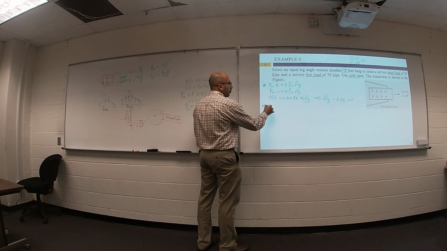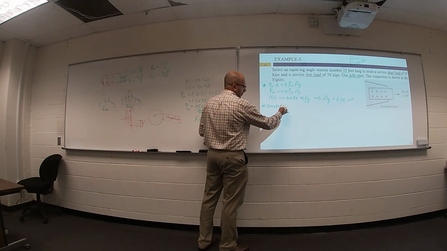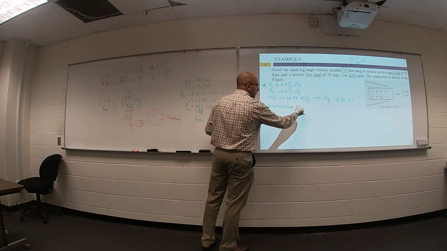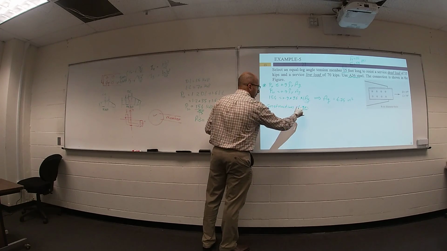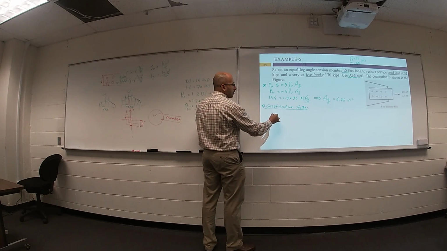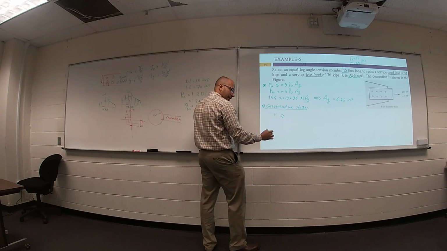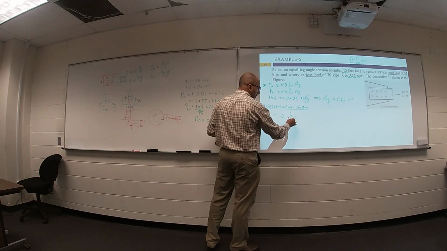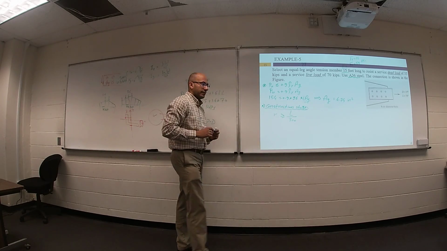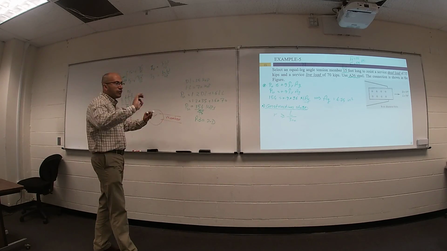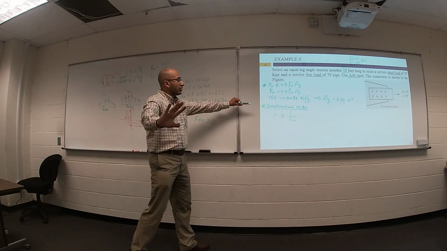Also, for the construction stage, your radius of gyration must be greater than or equal to L divide 300. Just for the construction stage, not related to any design.